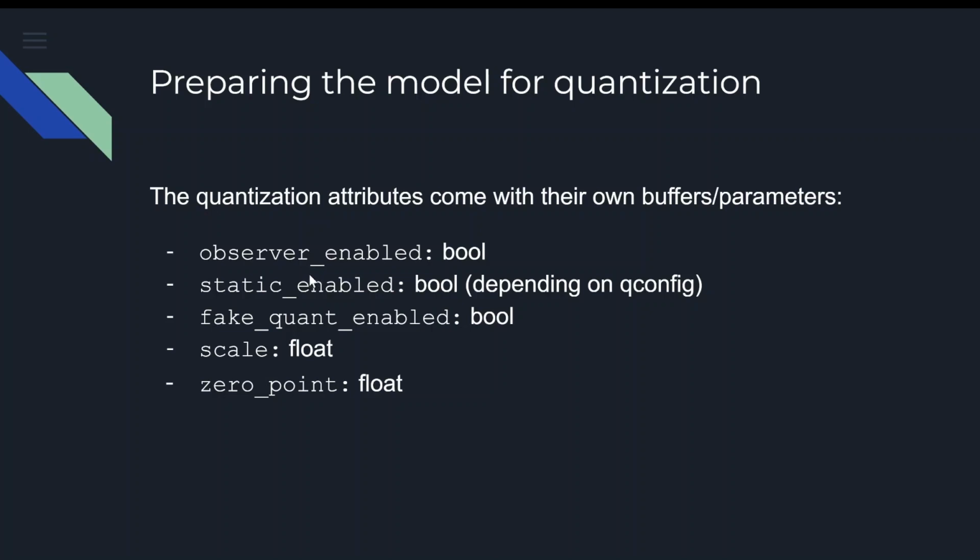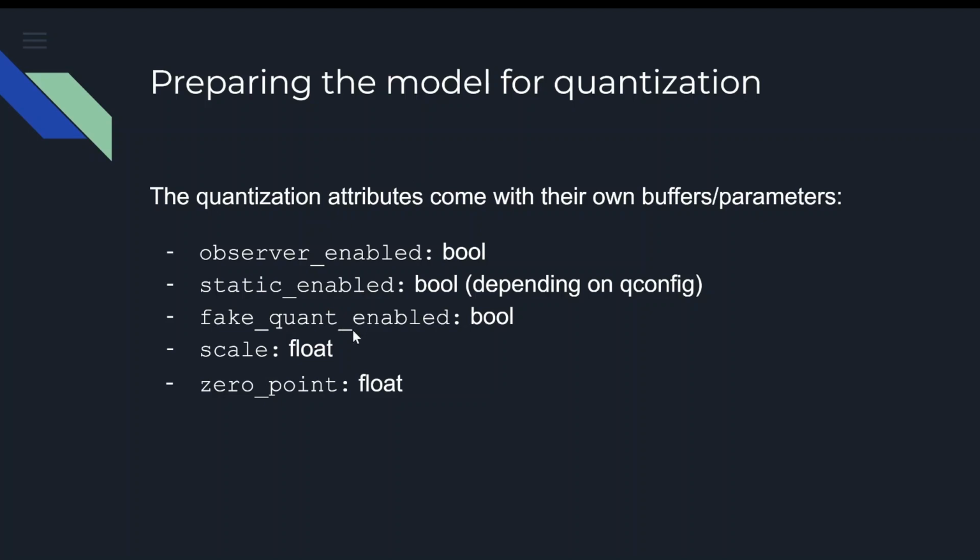These should probably just be the same thing because they do the exact same thing. But anyway, just be aware that static enabled basically equals observer enabled. If you are using learnable fake quantize, you should be careful that if you are toggling observer enabled, there's a different method that's involved for toggling static enabled. Just be aware that that can trip you up if you're not careful.